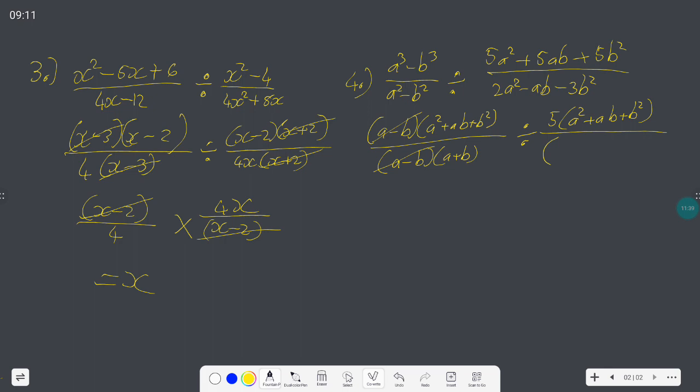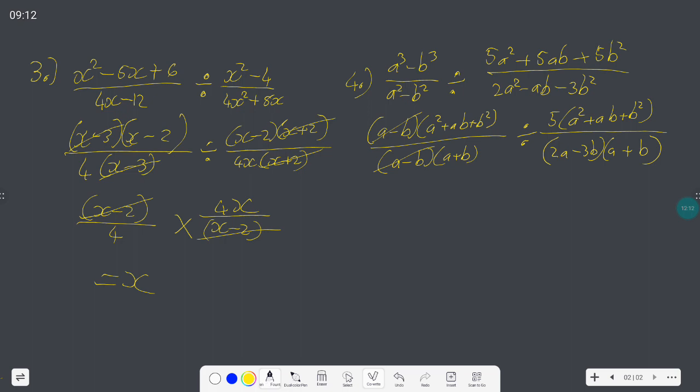I'm going to have 2a, and I'm going to have an a. What will be my factors? I have negative 3b, and here what will I have? Positive b. So this is after factorizing and doing my steps as necessary.